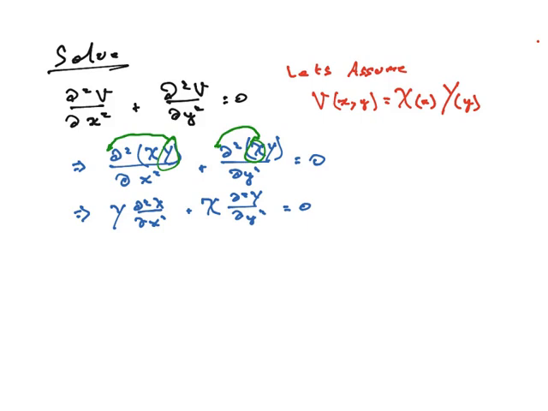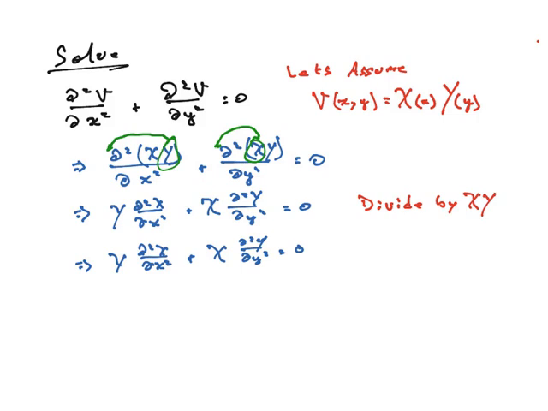All right, still not perfect, but now what are we going to do? And here's the big trick. Now we're going to divide both sides of this equation by XY. And what happens when we do that? Well, we had Y d squared X by dx squared plus X d squared Y by dy squared equals 0.